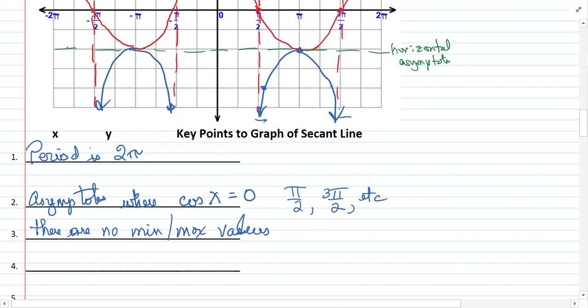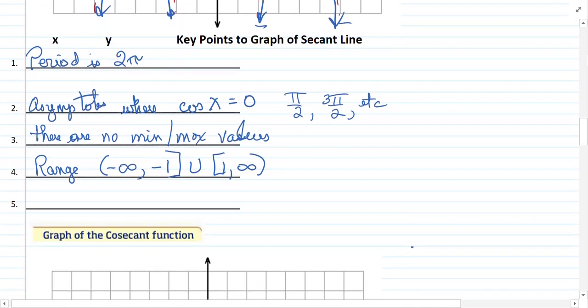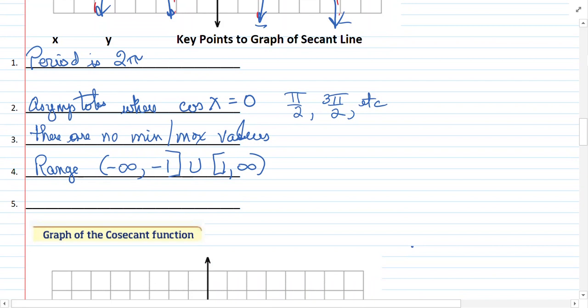But it's funny because the ranges are unions. They are negative infinity to negative 1 inclusive union with, then it jumps up to 1 to infinity. So we have to be careful about the fact that there is a gap because they're flipped.